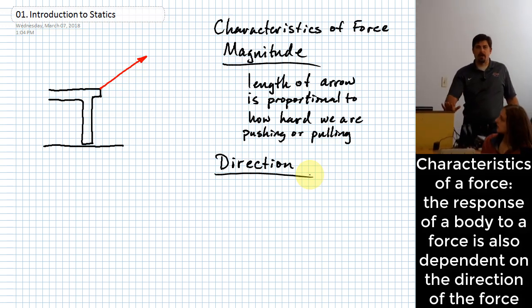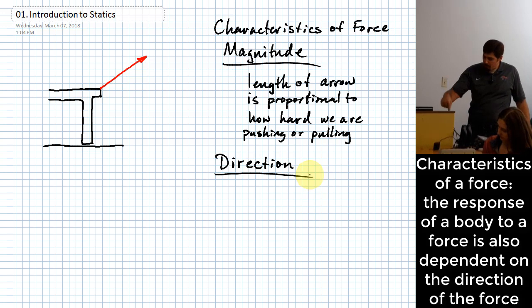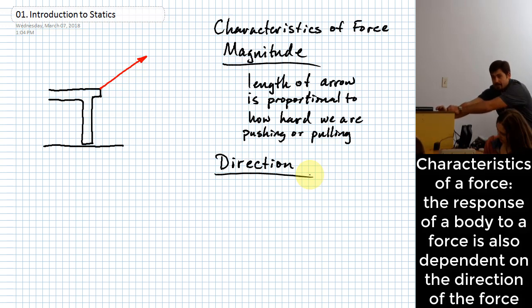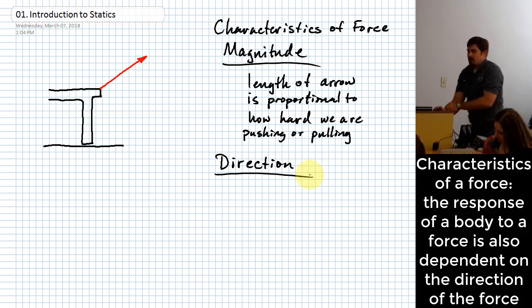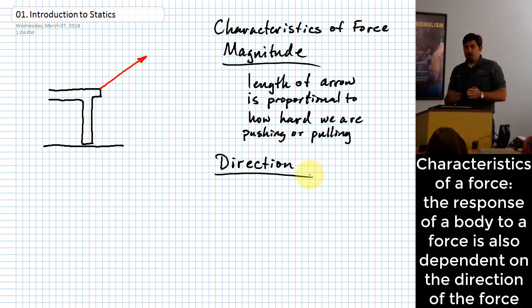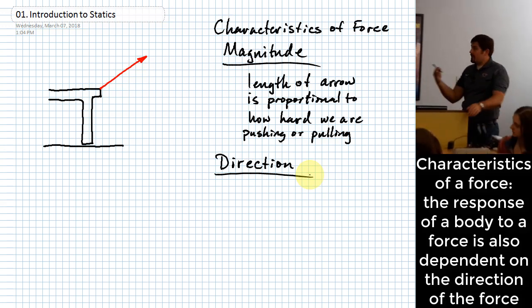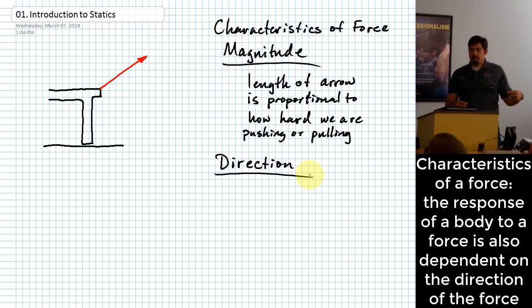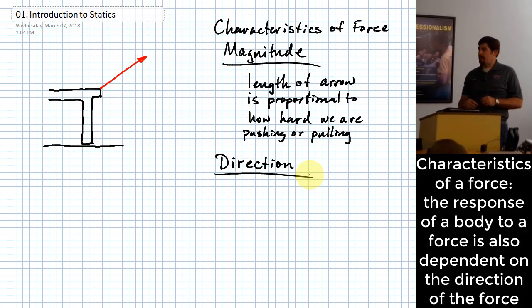Let's say I push with 10 pounds of force. Is the podium going to respond the same way if I push with 10 pounds like this or push with 10 pounds like this? It will respond differently, right? It won't do the exact same thing. What that tells you is that the directionality of the force has a bearing on what actually goes on with the body that the force pushes against.